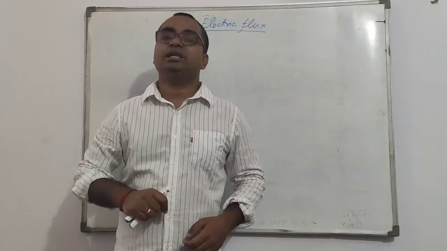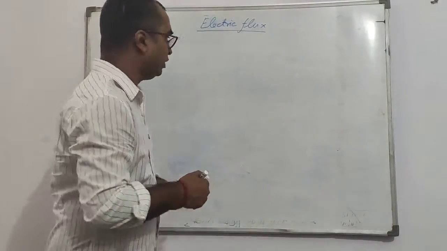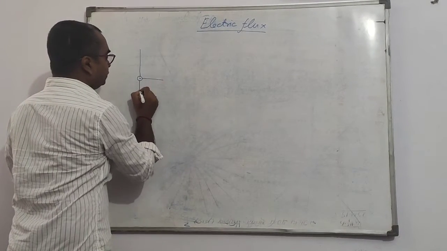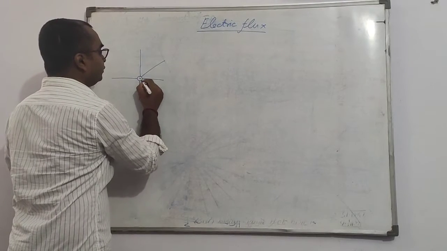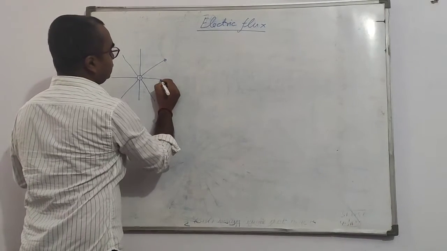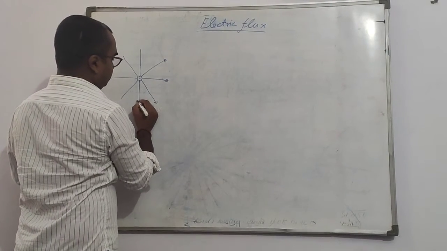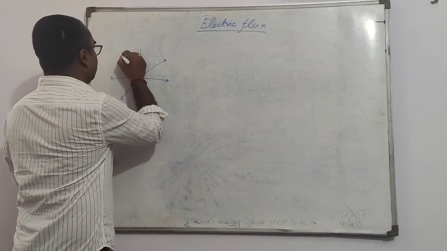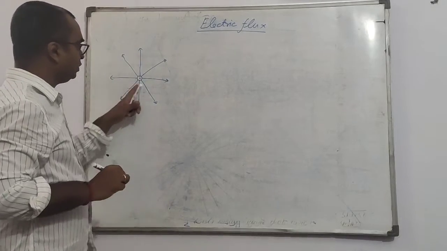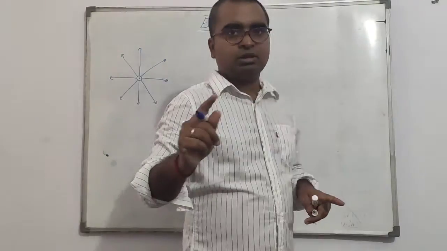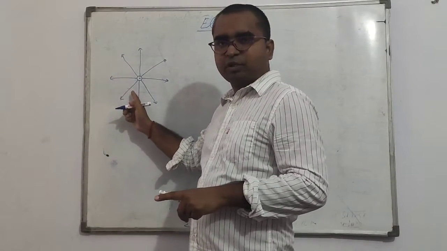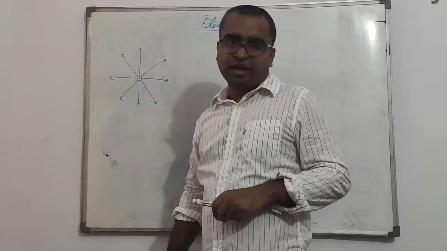Because we know if we put a charge, then certainly this charge will have field lines. So this charge has electric field lines in the vicinity of the space, surrounding the charge.